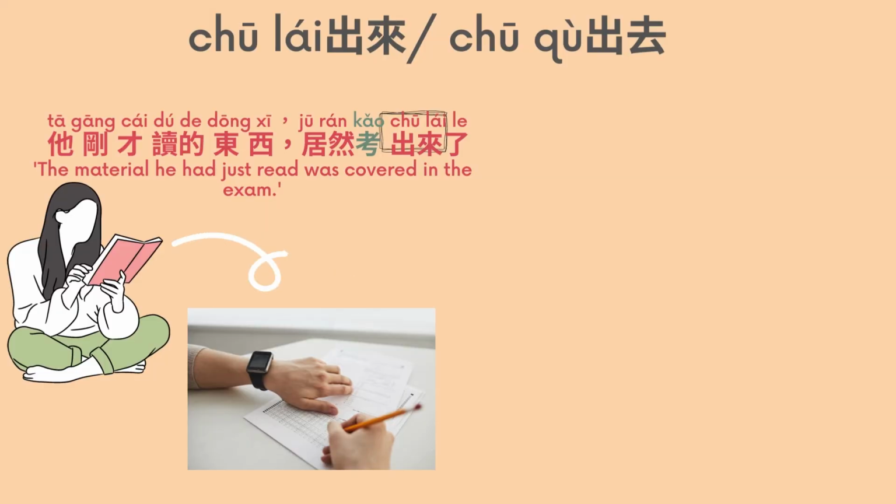The character preceding 出来 is 考。考 is a verb which means to give or take an exam. Combined with the compound direction complement 出来 to mean to appear on the exam. When the speaker says 考出来了, he or she wishes to describe a situation, such as an exam, in which certain questions appear.